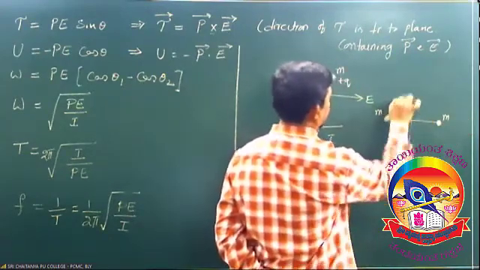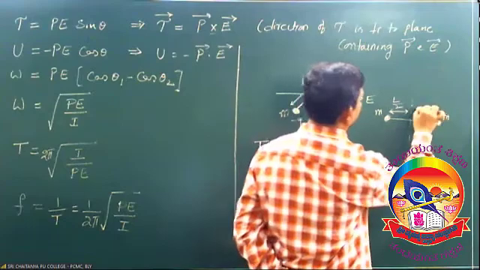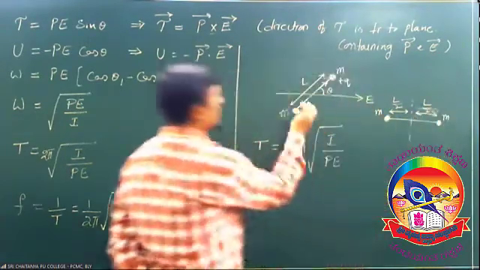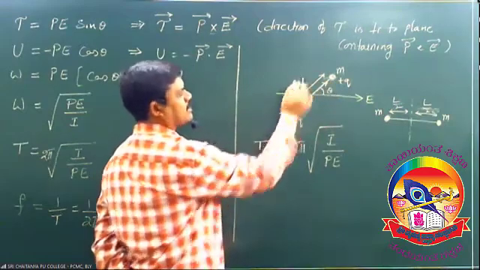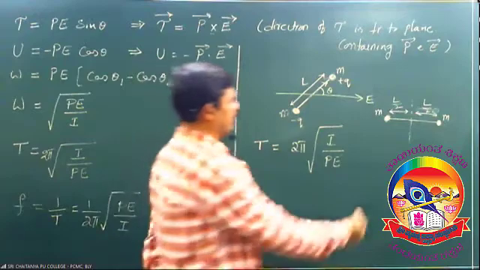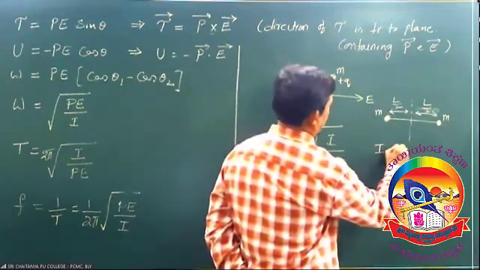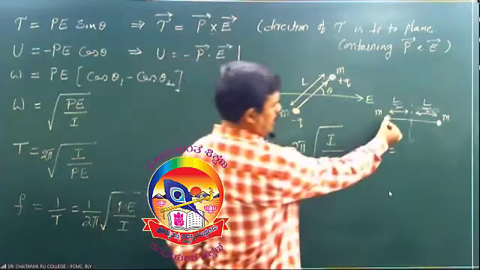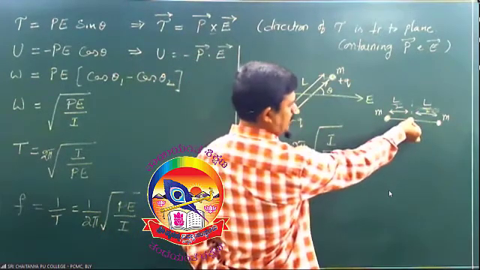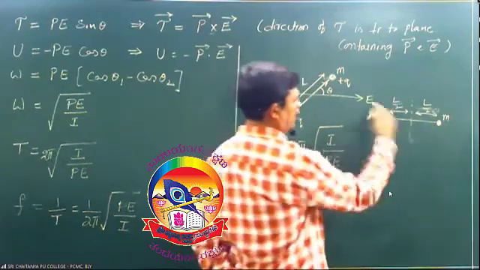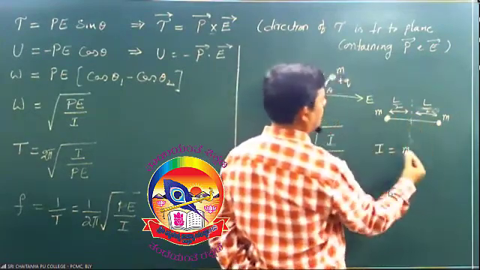Mass is m, mass is m. From here, what is the distance? L by 2. From here, what is the distance? L by 2. Because dipole length given for us is L. Then what is the moment of inertia? Moment of inertia of this charged particle and this charged particle. We know the formula.